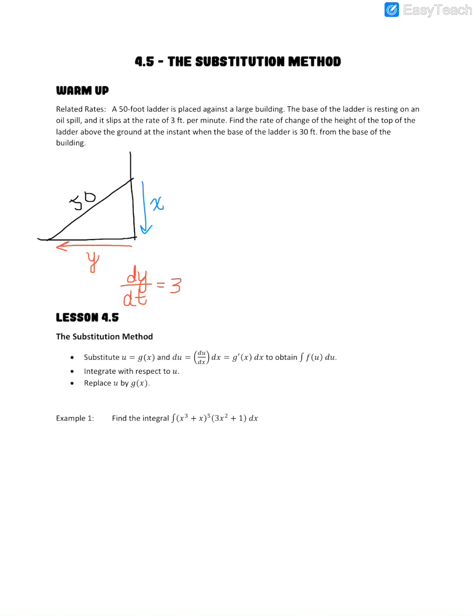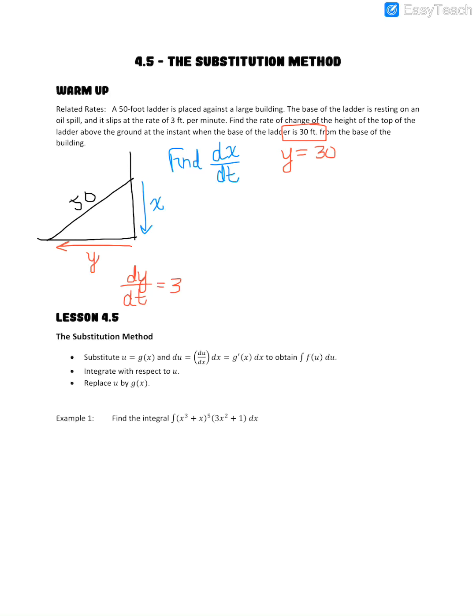So that's my X. So I'm trying to find dx/dt. And then finally it says at the instant when the base of the ladder is 30 feet from the base of the building. So they want us to evaluate this when y equals 30. And remember, we're not going to be plugging that in until after we take our derivative.